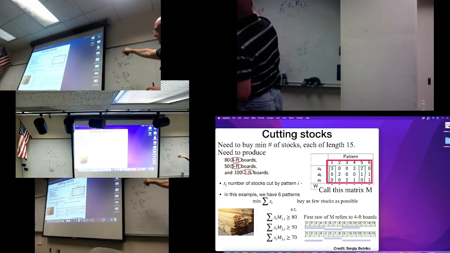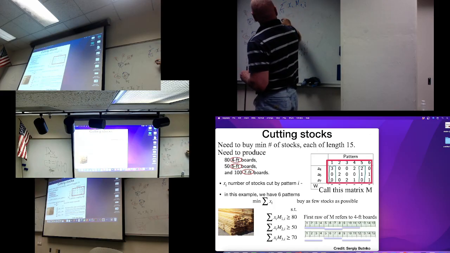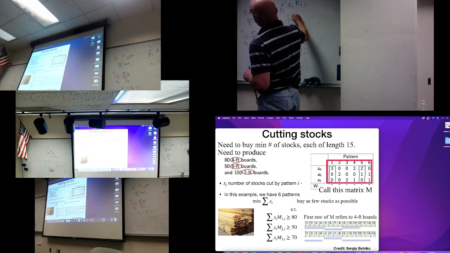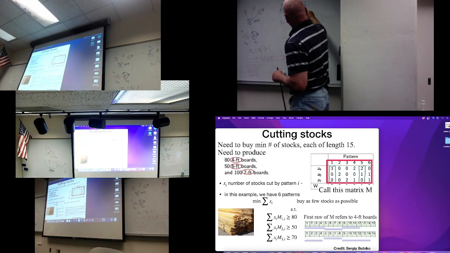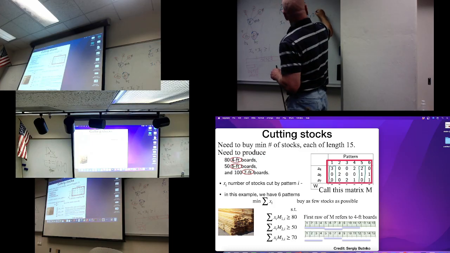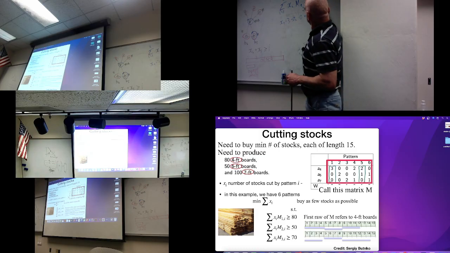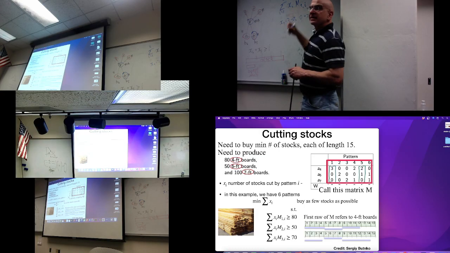I have 6 patterns here. Just write it explicitly. It would be X1 times 3 plus X2 times 0 plus X3 times 2 plus X4 times 2. And that's it. So that is what sigma Xi Mi is.